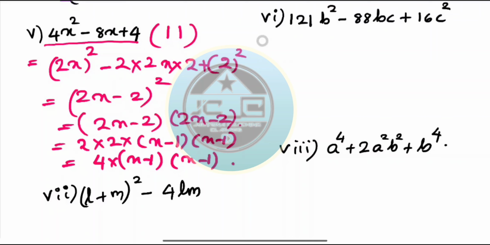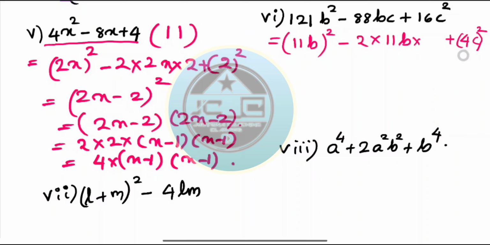Now let's move to the next question, bit vi. We know that 121b square is the square of 11b, and minus 2 into 11b. A's place is taken by 11b, so write 11b, then leave a space, and at the last term write what? 16c square is the square of 4c, right?